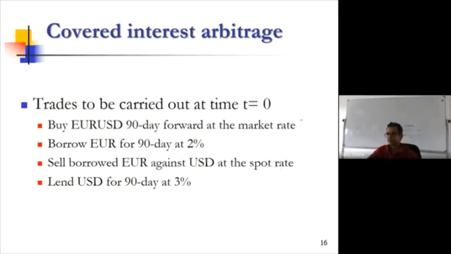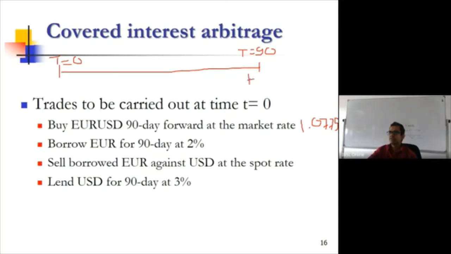So your applicable rate is 1.0775. So what would happen once you enter into this transaction? This is t equals 0. This is t equals 90.